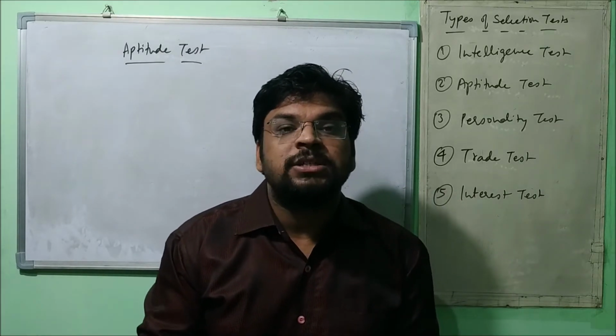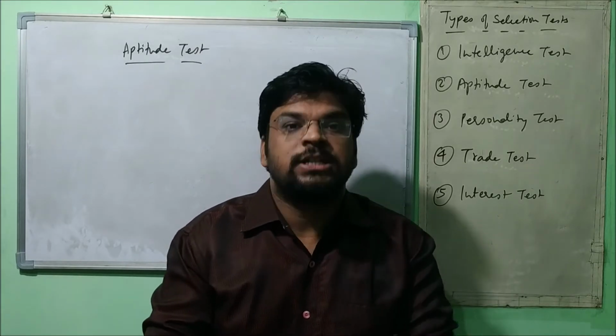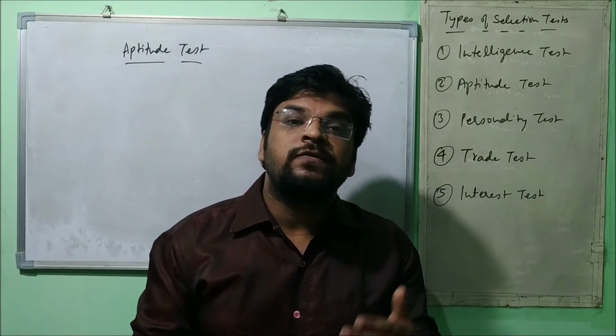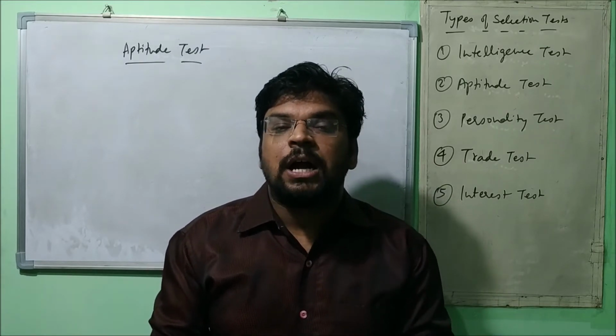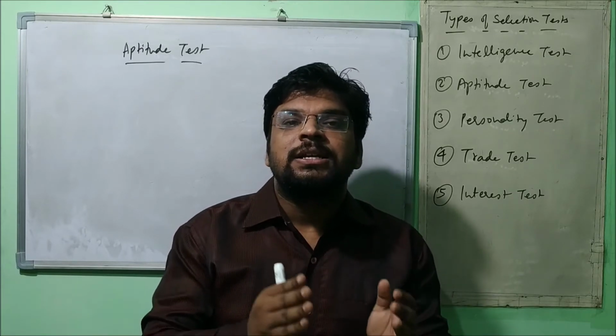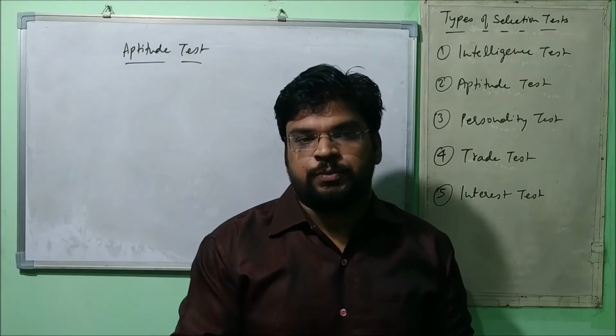What is his capacity and up to what level can he develop that? What is his entire area of learning new skills in future? This test is conducted to know whether the candidate is able to learn new things in our organization.